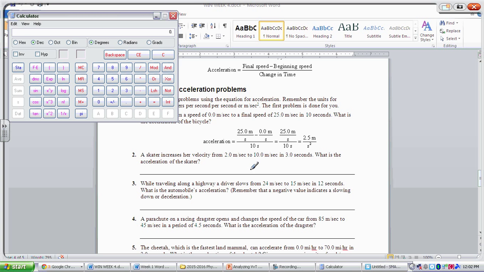So that would be your answer for number 2. It would be 2.6 repeating.